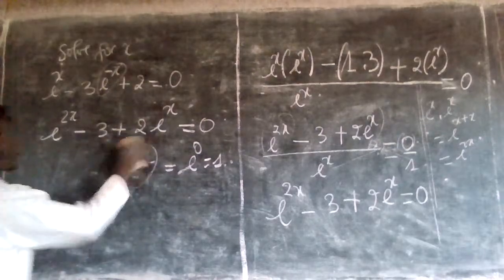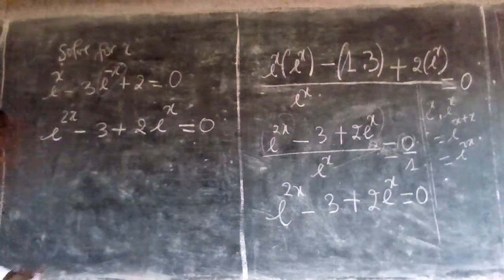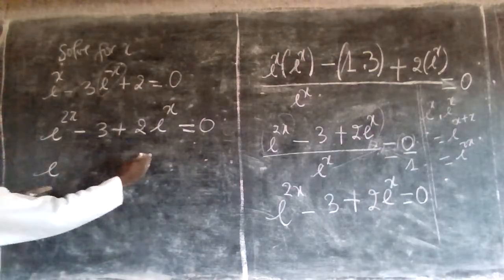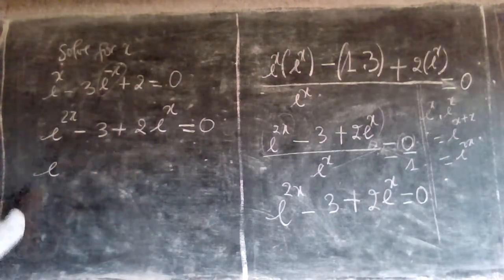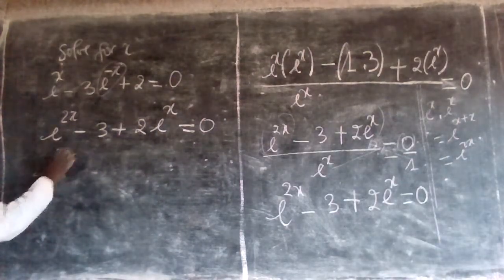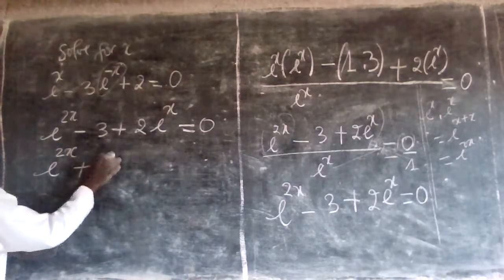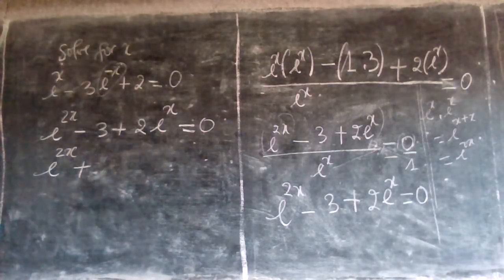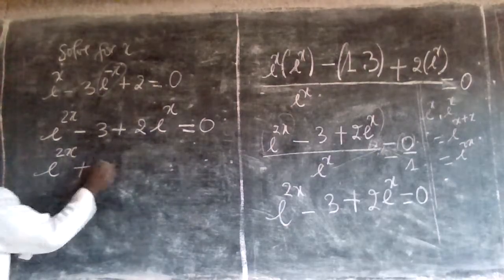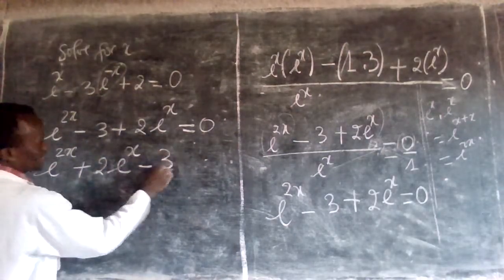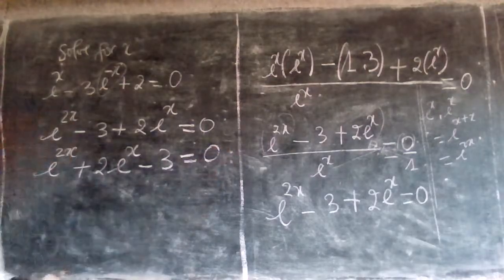Now, let us continue. We are going to arrange this from highest to the smallest. The highest one is this one, plus this one. We have 2 times e^x minus 3 is equal to 0.